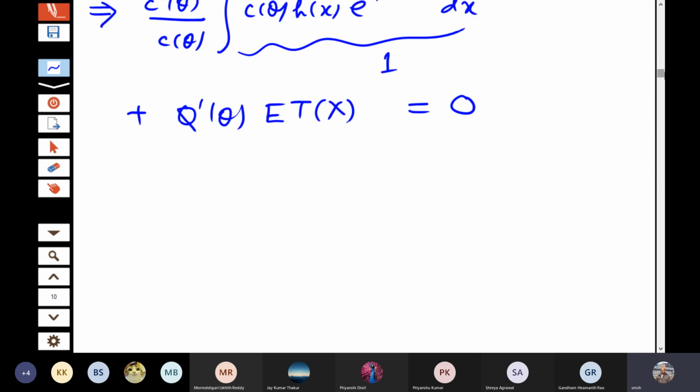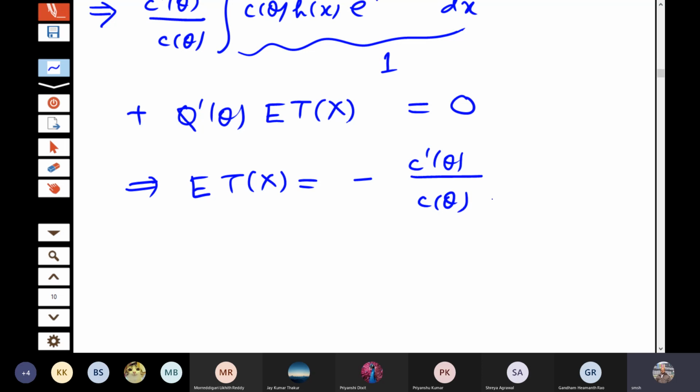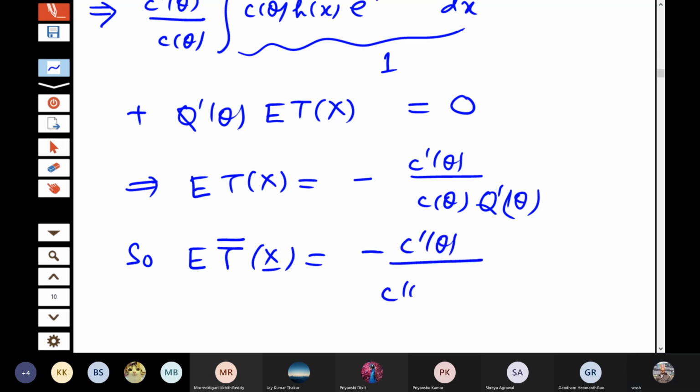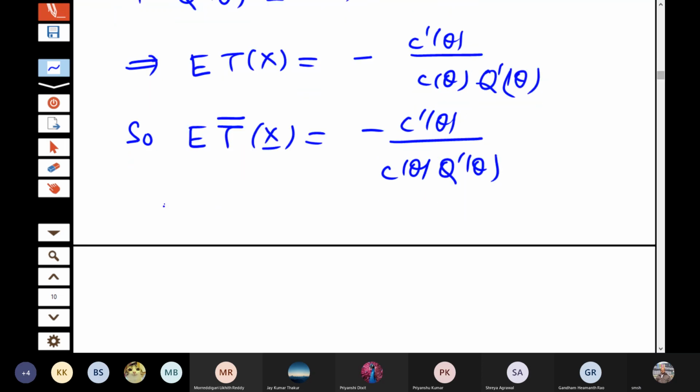So what you have got, this means that expectation of tx is nothing but minus c prime theta by c theta q prime theta. So even the form that what we have got, so expectation of t bar, that will be equal to this. So t bar, let me call it, say, eta. This is UMVUE of eta.